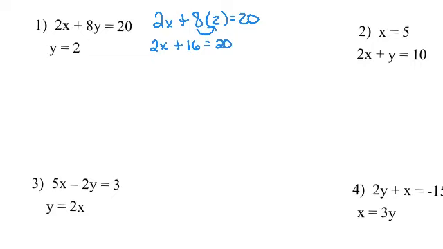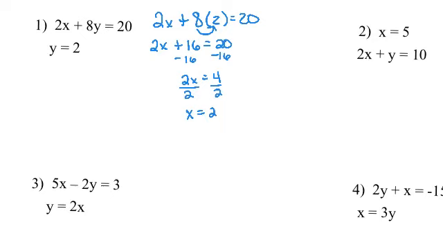So we're going to proceed to step 4, and that is to go ahead and solve for the variable. The variable in this case is x. In order to solve, I'm going to subtract 16 from both sides, and 2x is equal to 4. Divide both sides by 2, and x is equal to 2.